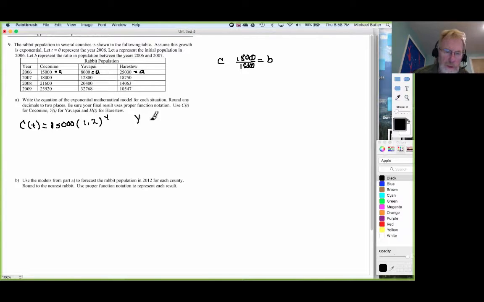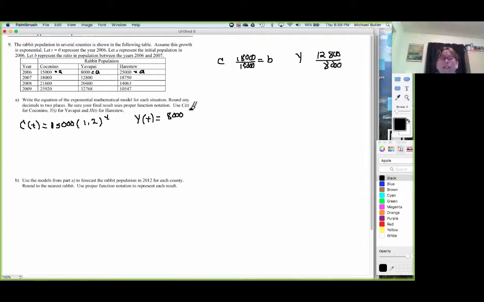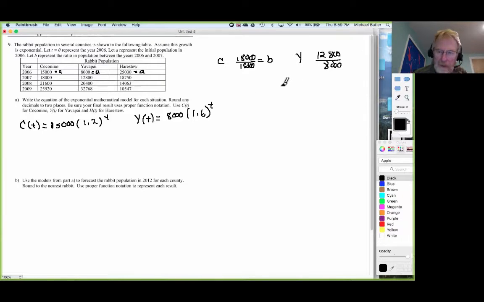So for Yavapai, Y of t is going to be equal to 8,000. And we're going to take 12,800 and divide that by 8,000. And so what would that come out to be? 1.6. Okay. Rabbits are having more fun in that county.